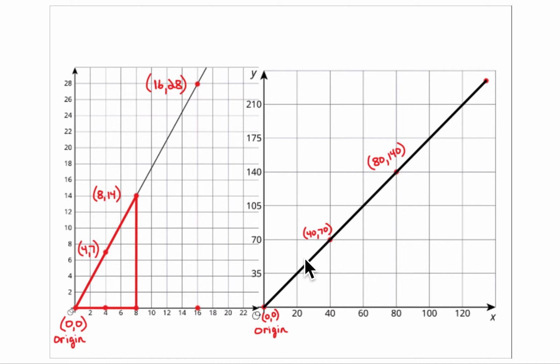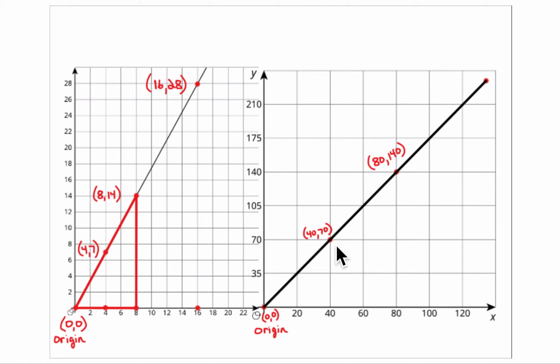So the slope is also 7/4, and the vertical distance is 7/4 the horizontal distance. But now look, it doesn't look any longer. It actually looks like it's the same distance. So the vertical distance right here is 70, and the horizontal distance is 40. So this vertical distance is 7/4, 70 out of 40, or 7/4 this horizontal distance.